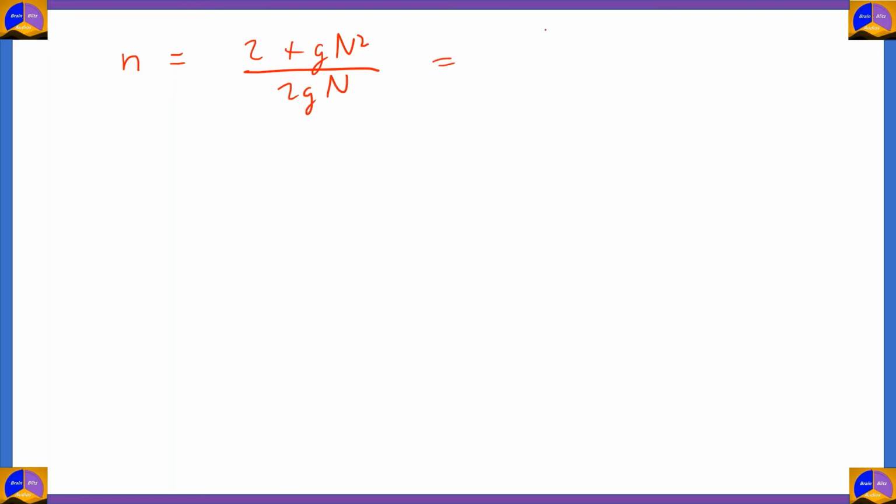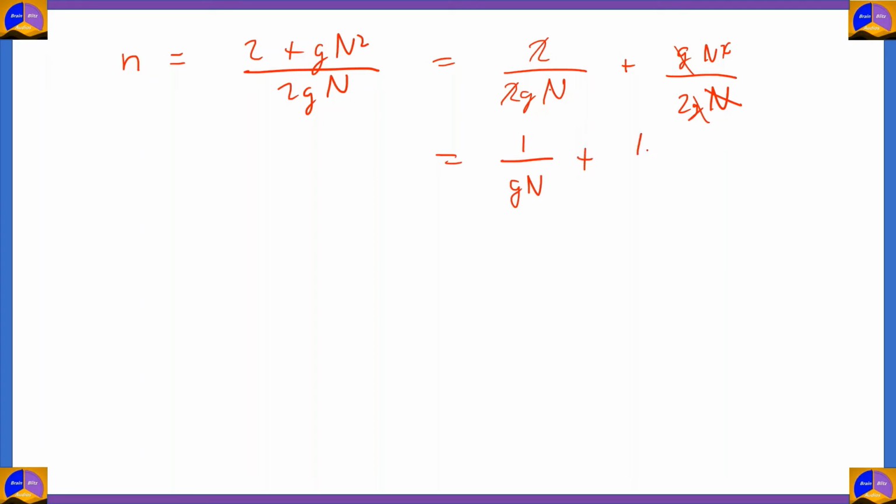Now we can split the two terms, so it'll be 2 by 2g capital N plus g capital N squared by 2g capital N. And we can cancel 2 on this side, we can cancel g on this side, we can cancel one of the N's from this side. So we get 1 by g capital N plus capital N by 2 as the value of small n.